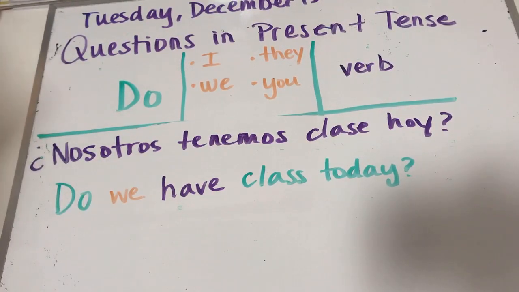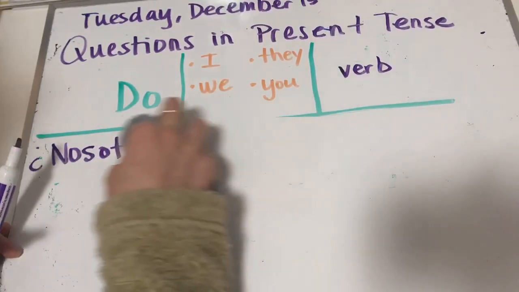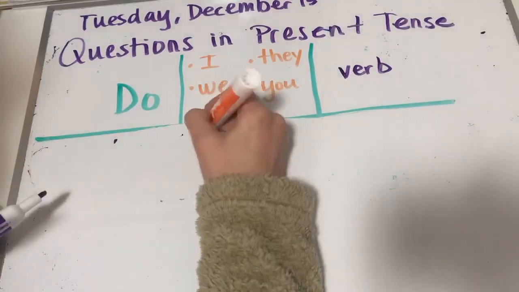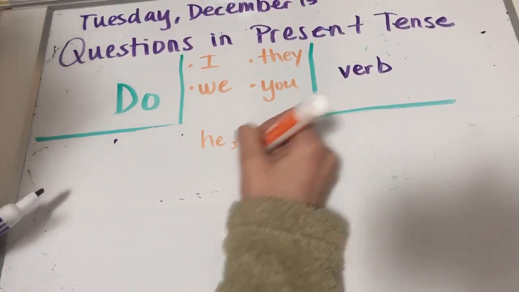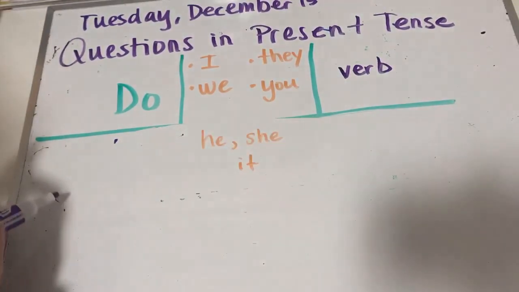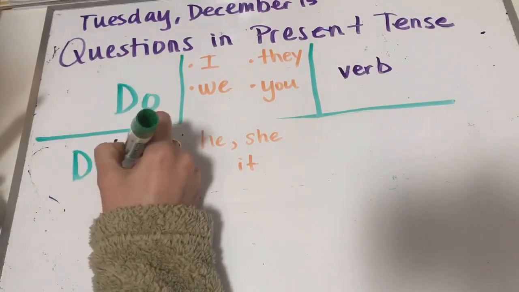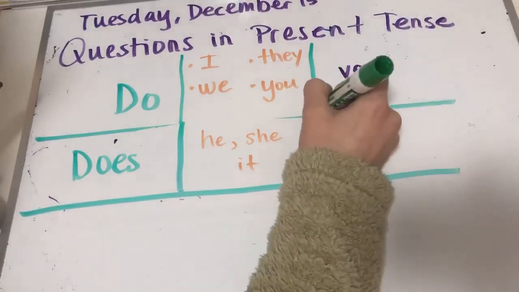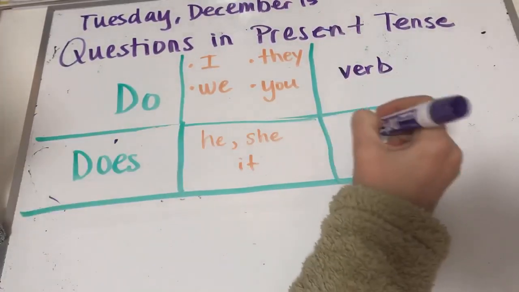Okay. Now, when the subject is he or she or it, we use the word does to ask a question. And then we use our verb.